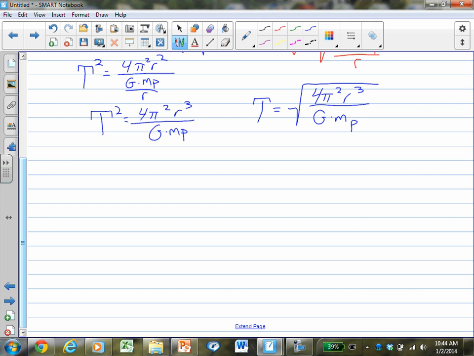So what is the geosynchronous orbit of Earth? Well, since you would want the satellite to go around every 24 hours, because the Earth rotates every 24 hours, that is 86,400 seconds.